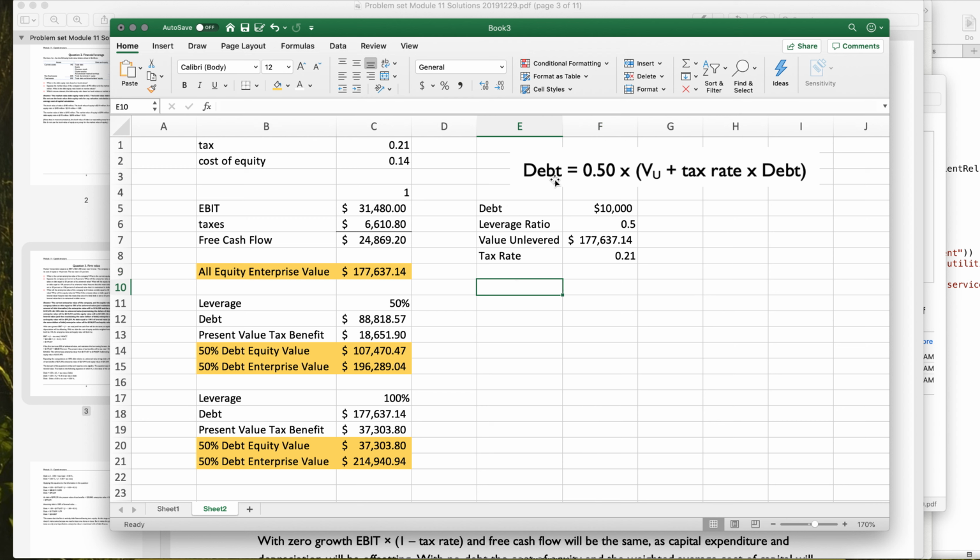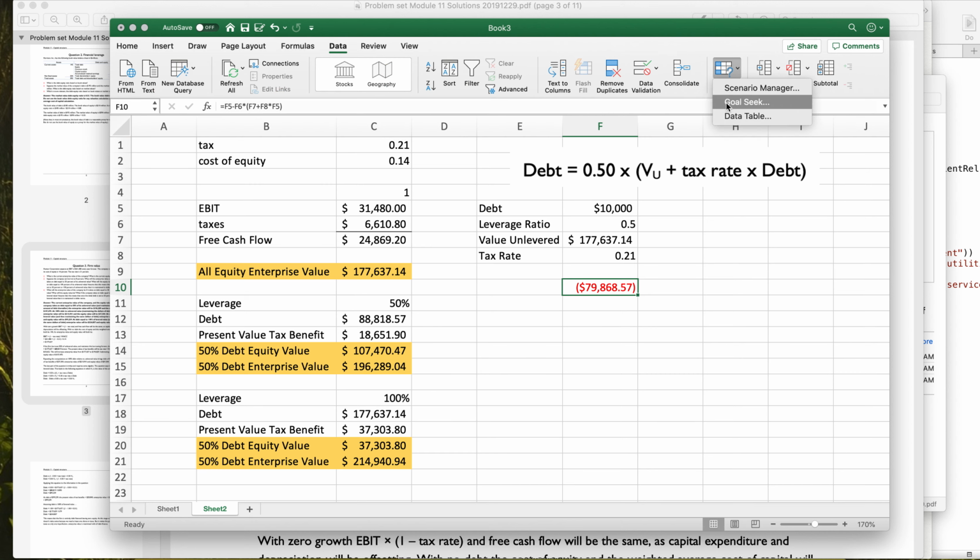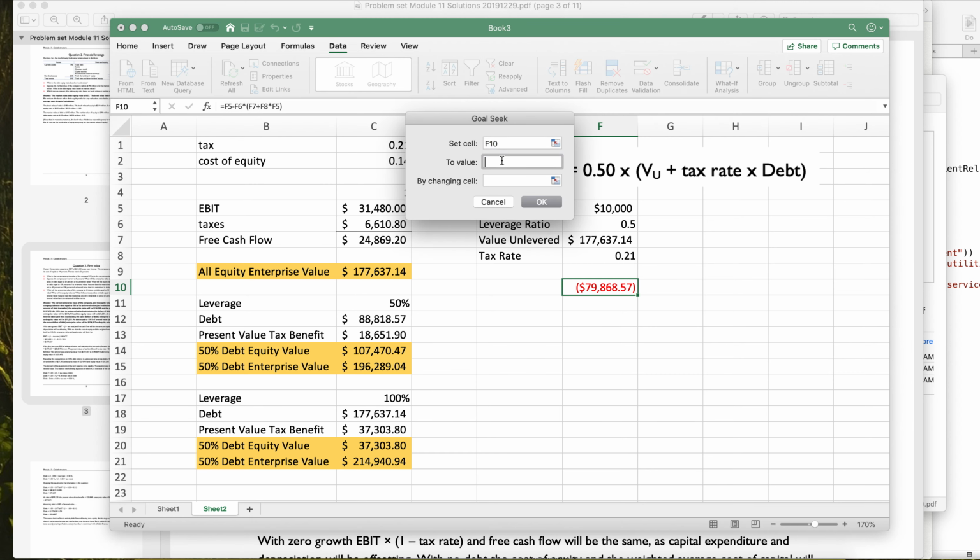If we use goal seek, what we can do is debt minus 50% times value unlevered plus the tax rate times the debt. And then you do goal seek, what-if analysis, set this value to equal zero by changing the debt.